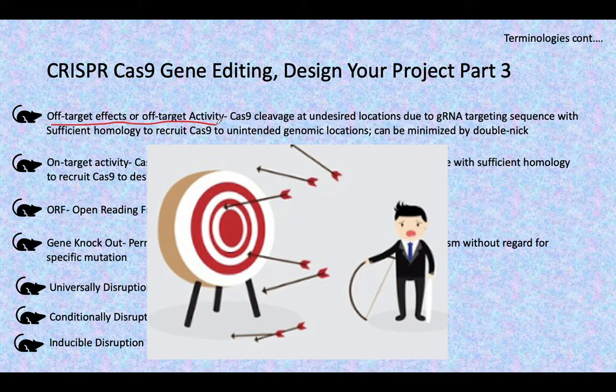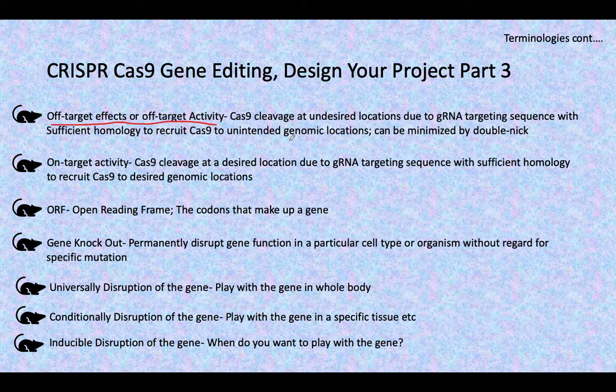For example, if we talk about mice, the mouse genome is very big. You are trying to find the exact location where you want to disrupt that gene, where you want to make the cleavage of that desired gene, but it goes to places where you don't want it.